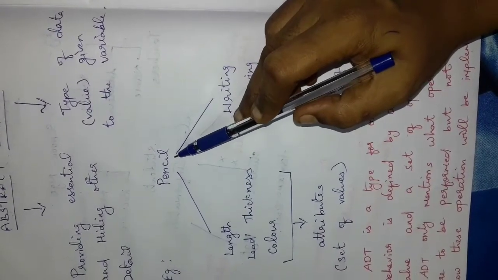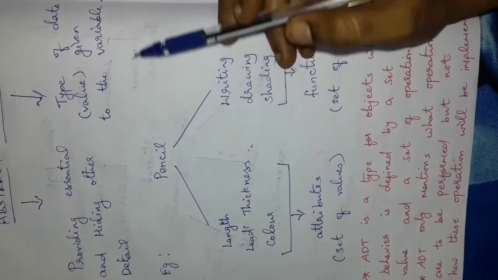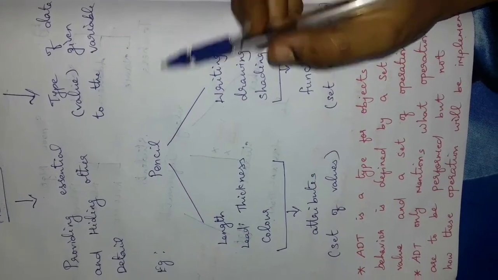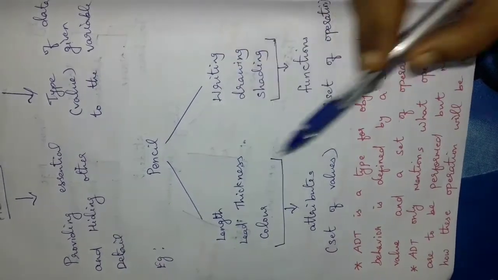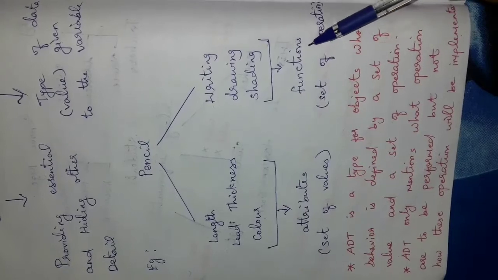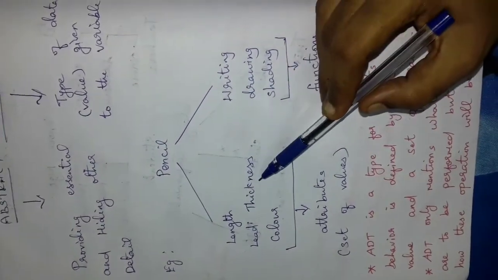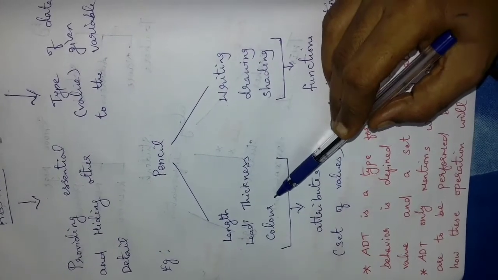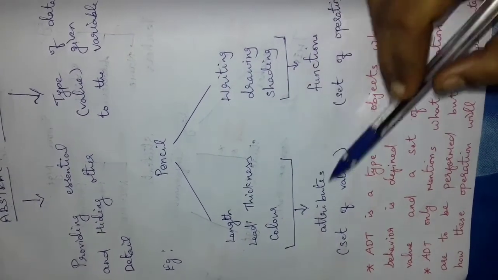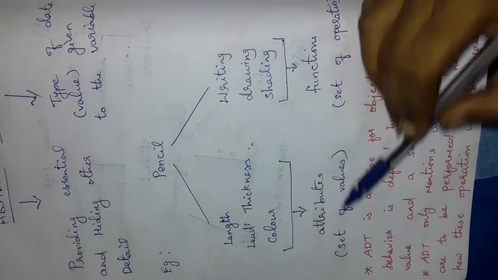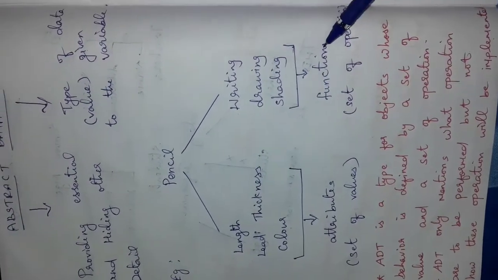Take the example of a pencil. Pencil is an object. Now for this pencil, what are the attributes we have? Length, lead thickness, color of a pencil. These three are the attributes, the set of values. Then functions.